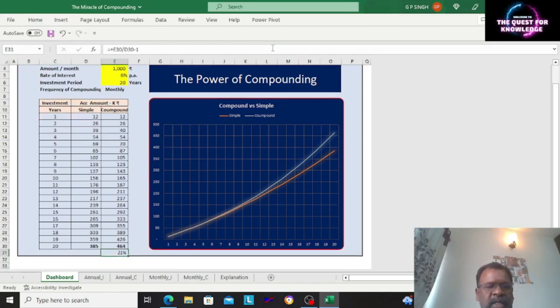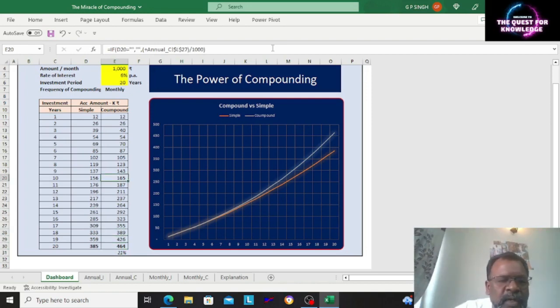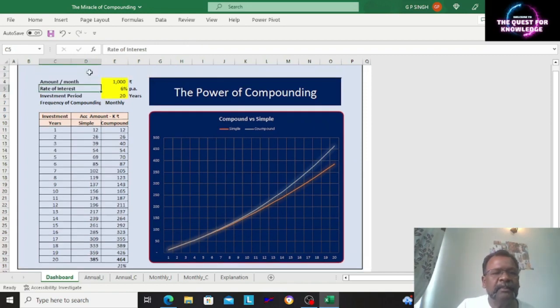Because of the compound interest, our accumulated amount will become 464,000. And as you can see in this graph, as the time progresses, the gap between these two increases. So the longer you remain invested, the more you get the advantage of your compounding.